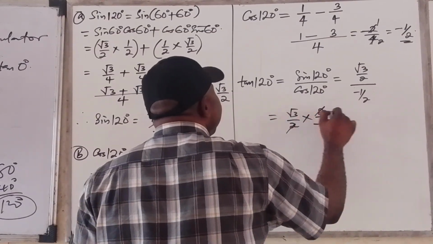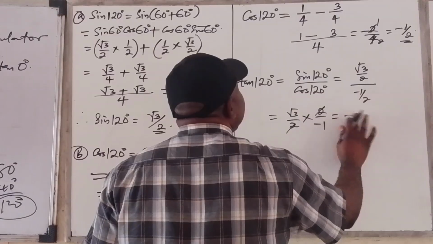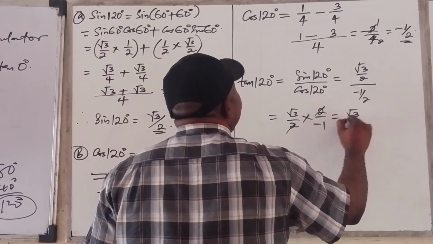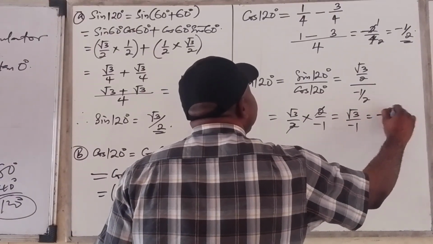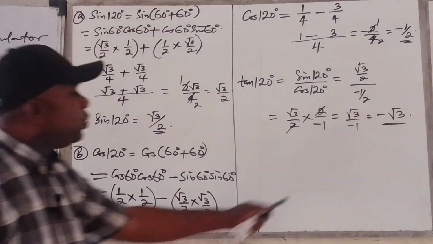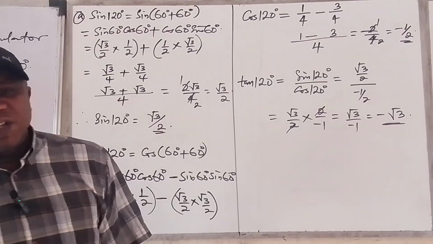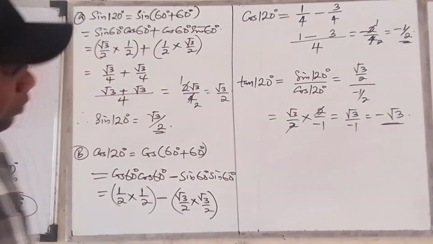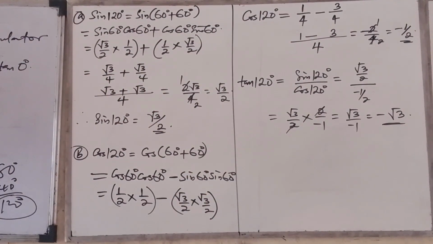So this will go with this. So that will give us root 3 over minus 1, which is minus root 3. Now, if you punch your calculator, tan 120 will give us minus 1.7 continuously like that. So here that's tan 120 degrees.